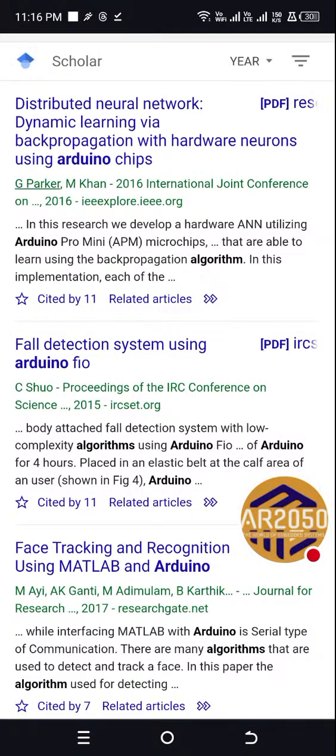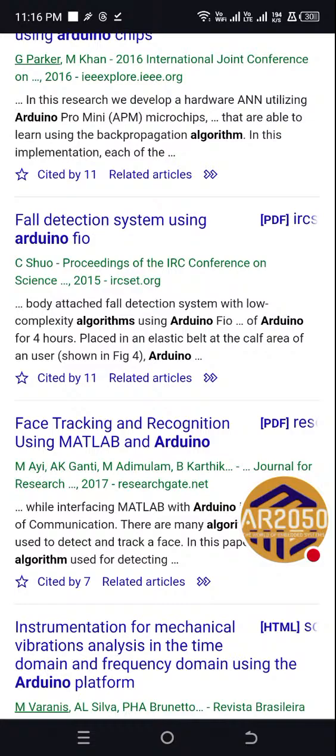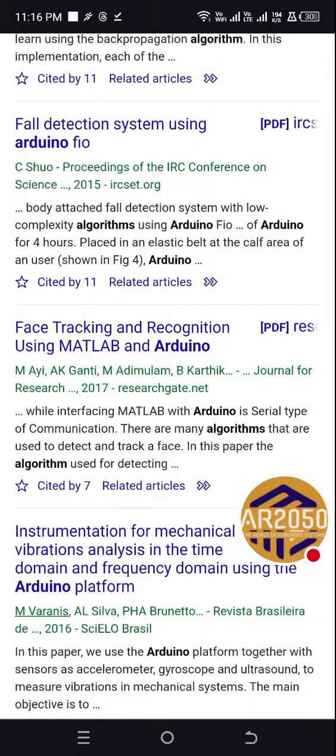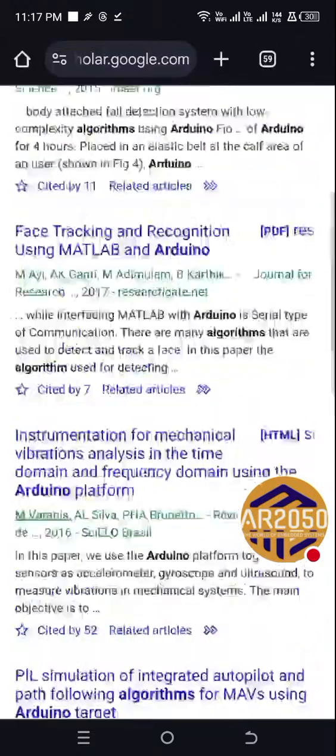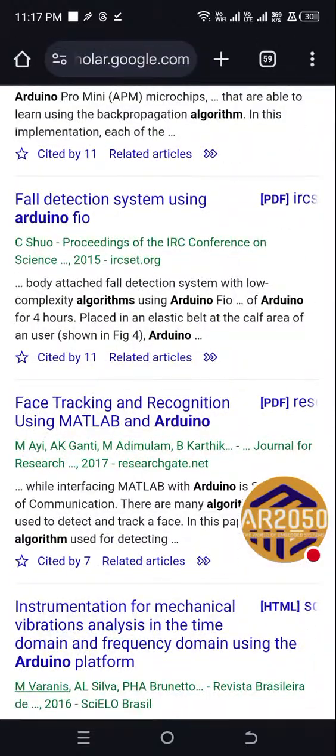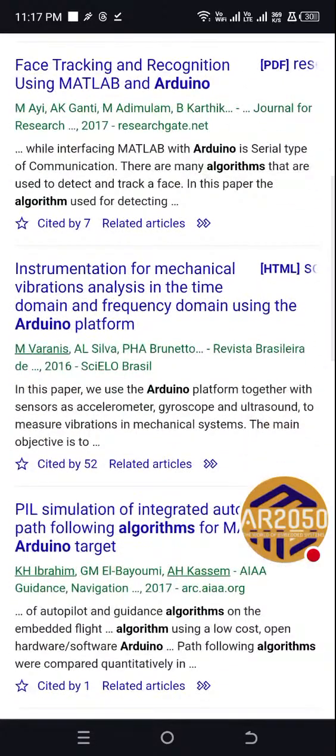There are many. Face tracking and recognition using MATLAB and Arduino. Well, good one. Which year was it done? 2017. Yeah, those years were good for that kind of projects.